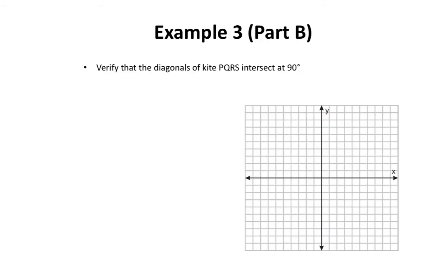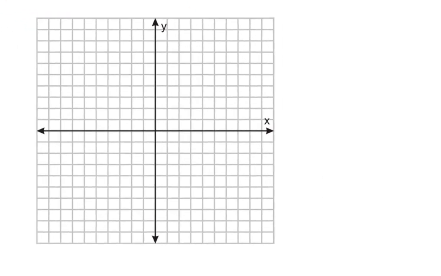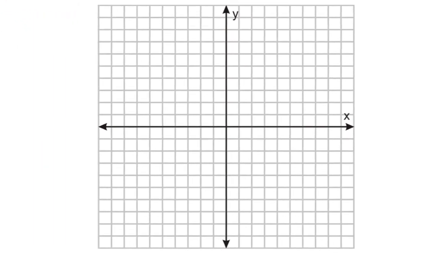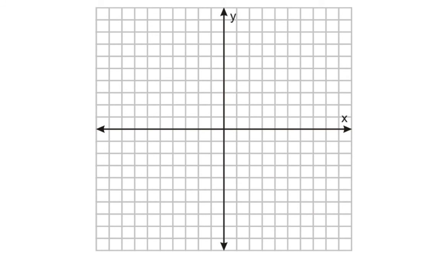In the second part of example 3, we want to verify that the diagonals of this kite intersect at 90 degrees. Before we do anything, let's take this information and do a rough sketch. It's going to look exactly identical to the previous diagram. So let's start with S. S is over here.